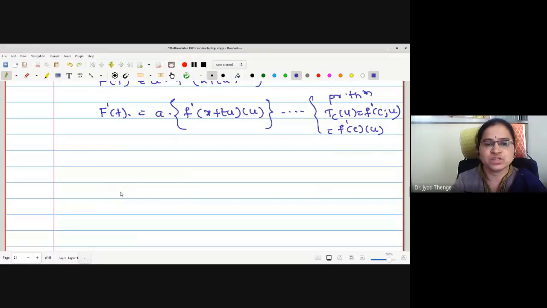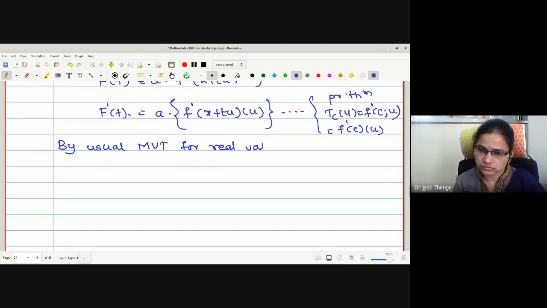Now we will use the usual mean value theorem, my usual mean value theorem for real valued functions. What will we have? I'm going to take x as 0, y as 1, and suppose z as some theta.